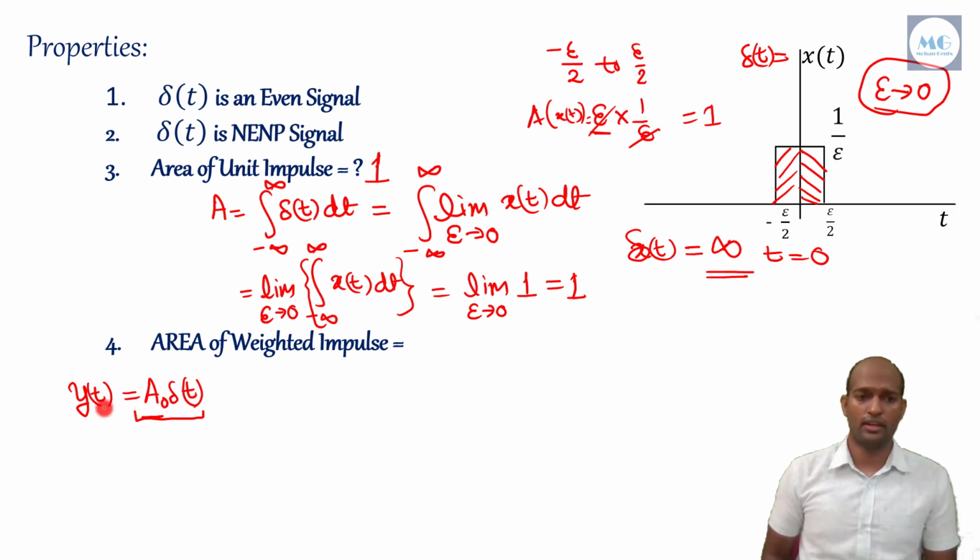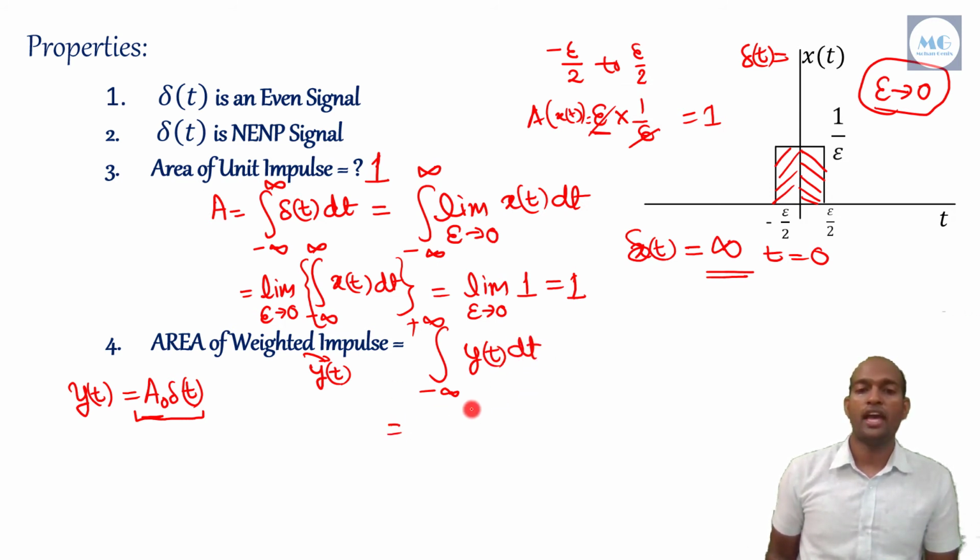Then what will be the area of weighted impulse signal? Suppose we calculate for this y(t). Area of y(t) is the integral from minus infinity to plus infinity of y(t) dt. As we know, y(t) is a0 δ(t), and a0 is constant, so we can put it outside of the integration.